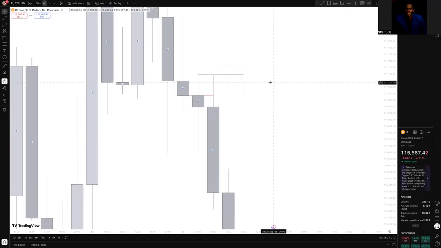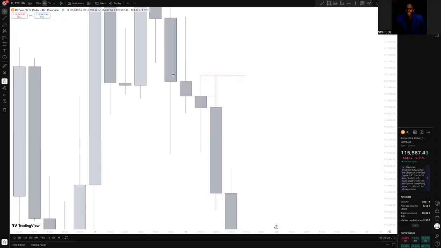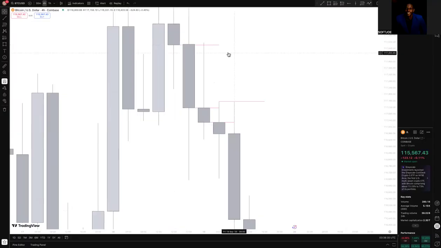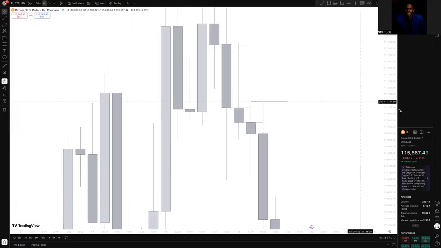So now this is a key level. Look at what price also did there. This is also an open close level. See how price respected the level. Why didn't it go to take out the high?